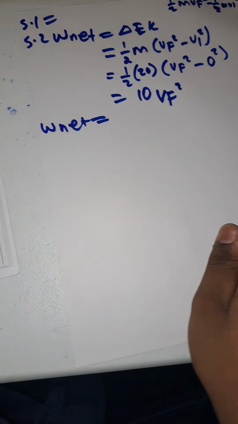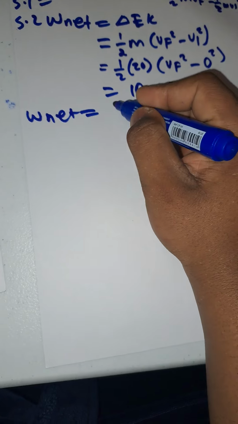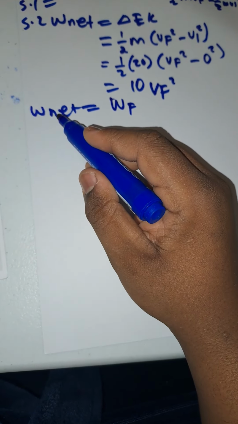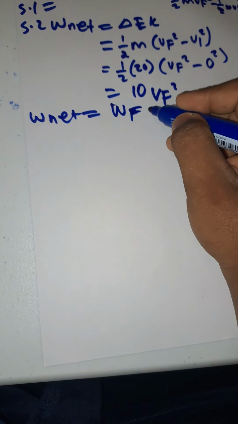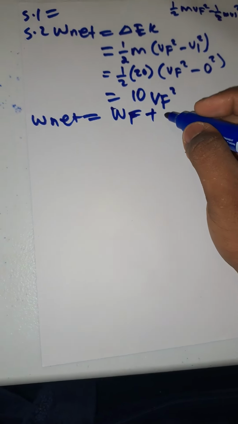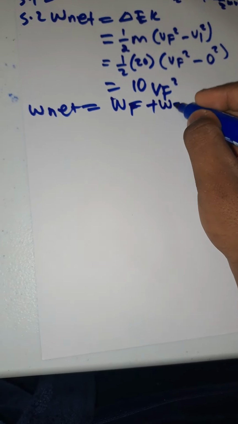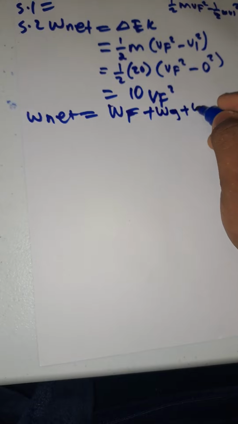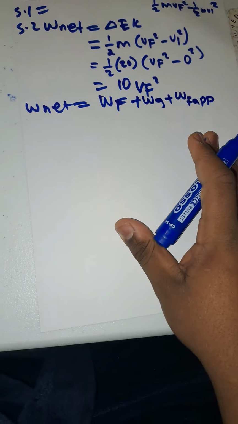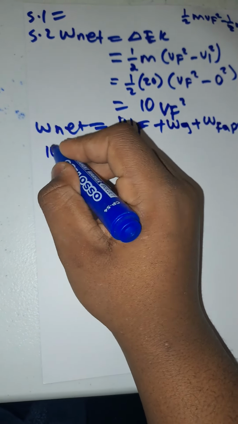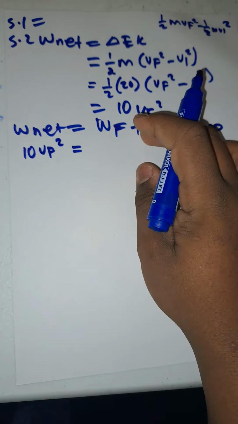So W net is equal to the work done by friction, because W net is the work done by the net force. So the work done by friction, plus the work done by gravity, plus the work done by the force applied, which is the one they told us about. Remember, we have 10 Vf squared, which you just calculated, right?